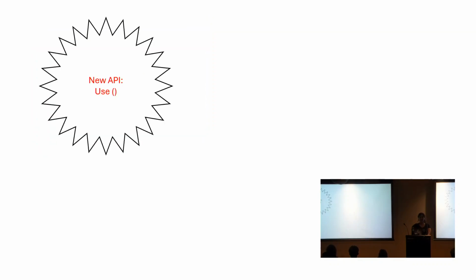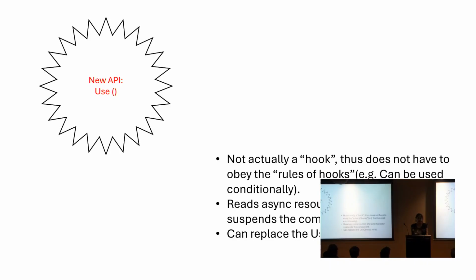Another is the new API. As I said earlier, the new API is another feature in React 19 which helps enhance the user experience for optimistic updates. And actually, it's not a hook.